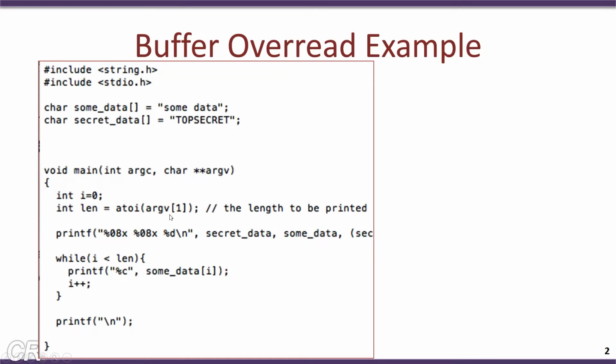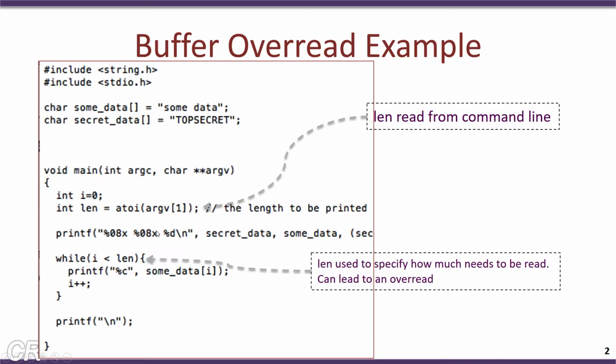this program in argv1. So there are two critical aspects in this program in order to understand its vulnerability. Firstly, the user of this program can specify how many characters of some data he needs to print. If len is less than the size of this particular string, then there is no problem, and a few characters, and at most all the characters of some data, would get printed on the screen.